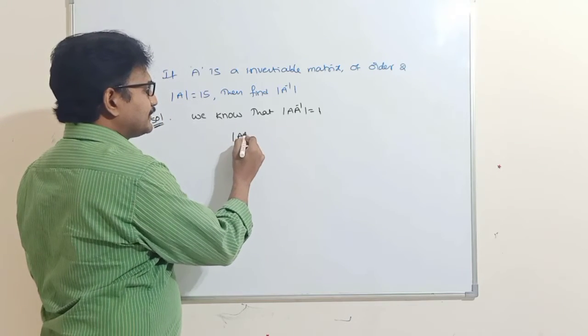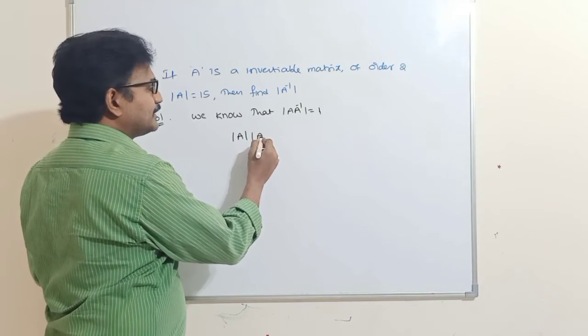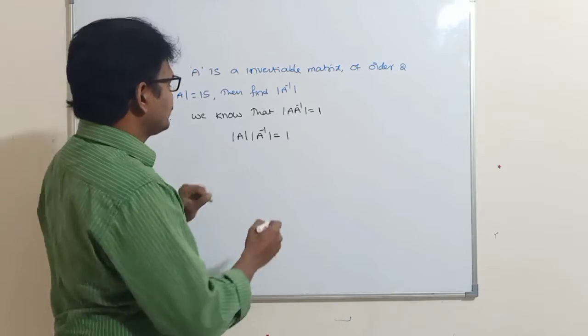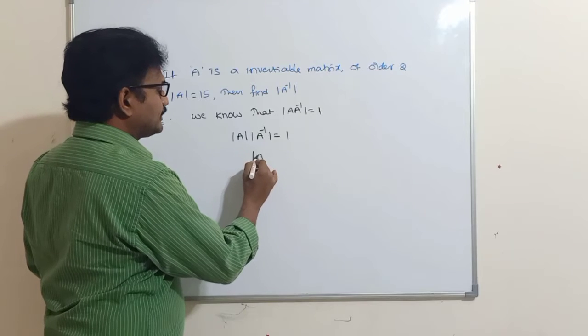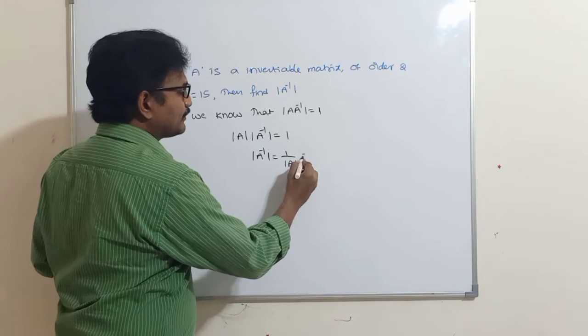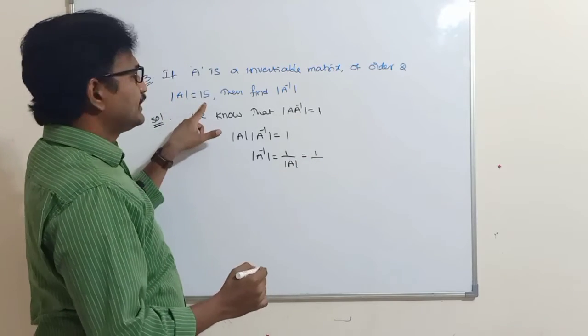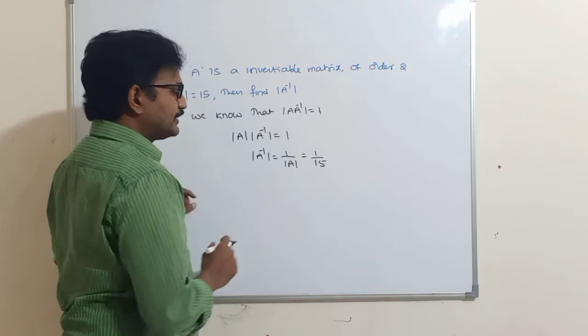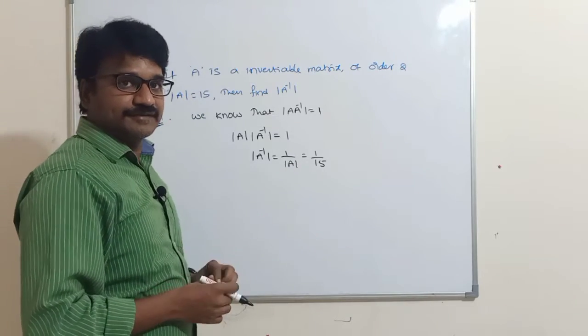So therefore det of A into A inverse is equal to det A into det of A inverse, which is equal to 1. So det of A inverse we want. If we want det of A inverse, send det A to the right hand side, which is equal to 1 by det A. 1 by det A, value already given. So how much? 15. So answer for det of A inverse is 1 by 15.